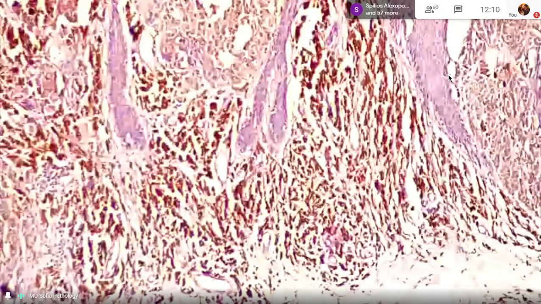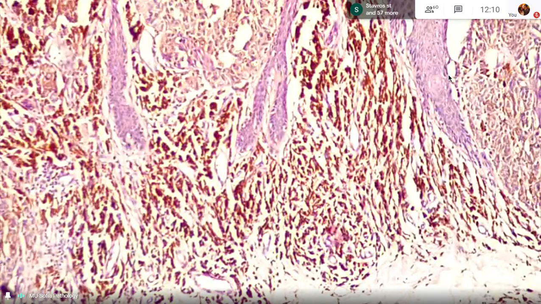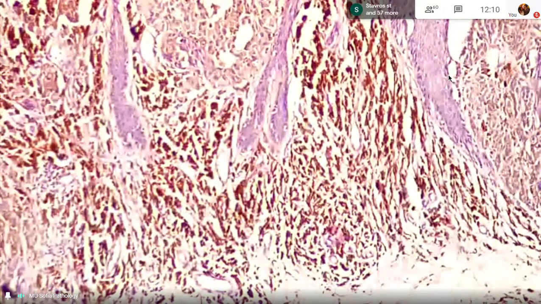Is it possible to have melanoma arising not in the skin, somewhere else?